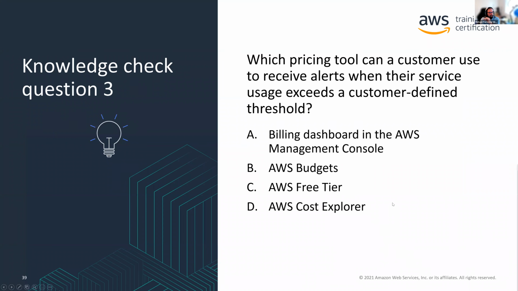That's right, budgets. There we go. Yeah, so budgets is where you set up those thresholds, and you can set it by service. You can set it by usage and reservations, right? So there are other different dimensions to budgets.